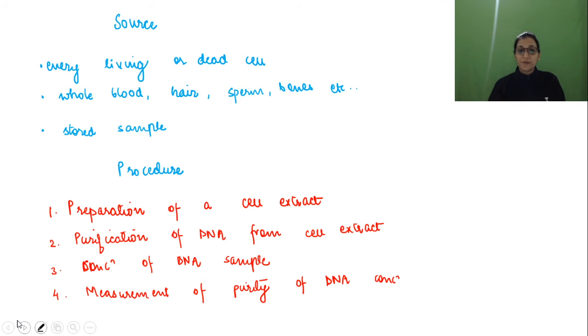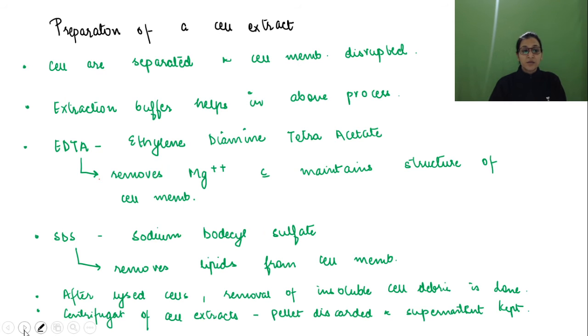The procedure consists of 4 steps. First is preparation of a cell extract, then purification of DNA from the cell extract, then the concentration of the DNA sample, then measurement of the purity of DNA. First is preparation of cell extract.